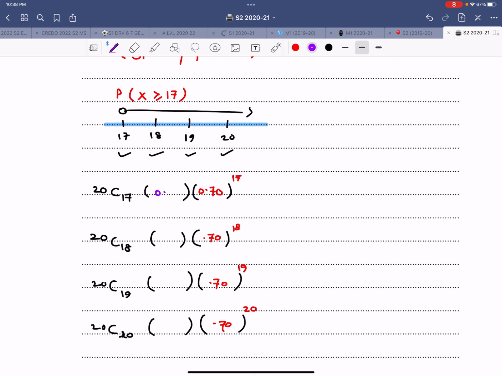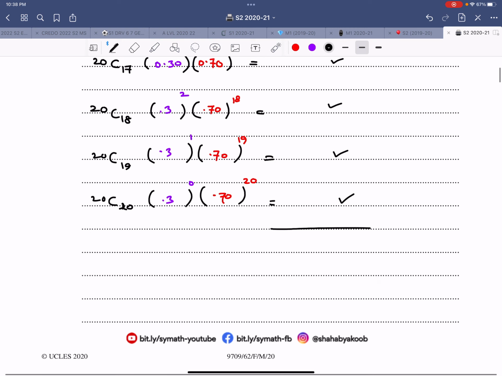Failure is 30%, with powers 3, 2, 1, 0. You do all the calculation: you calculate this, this, this, and this, and then you add it all up. That is the probability of type 2 error.